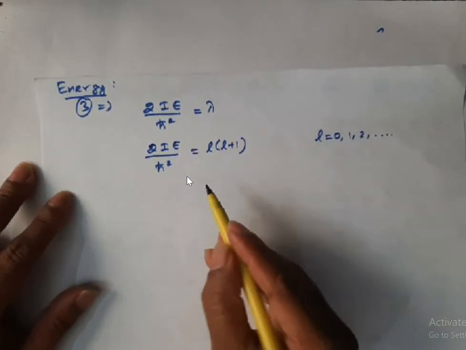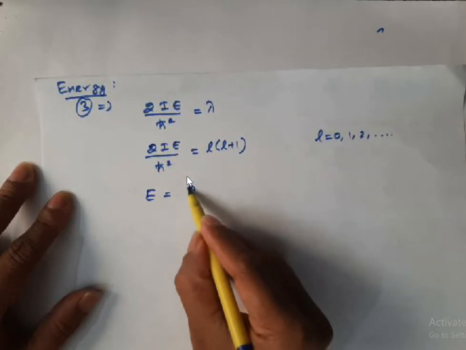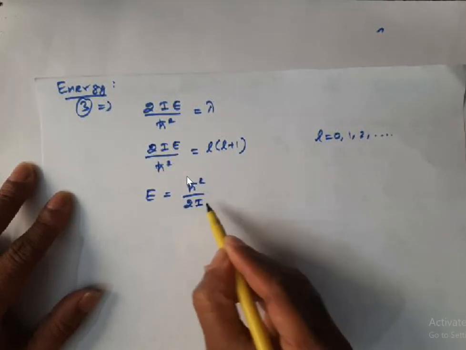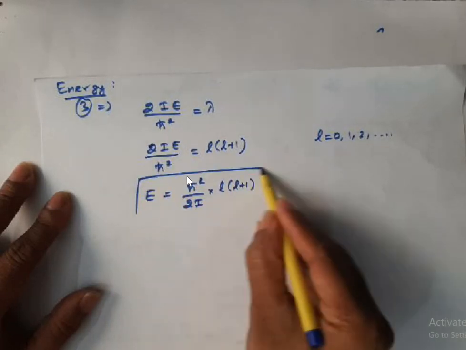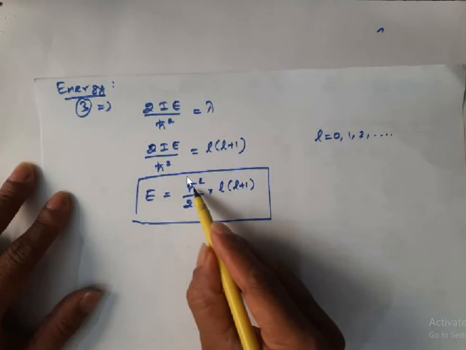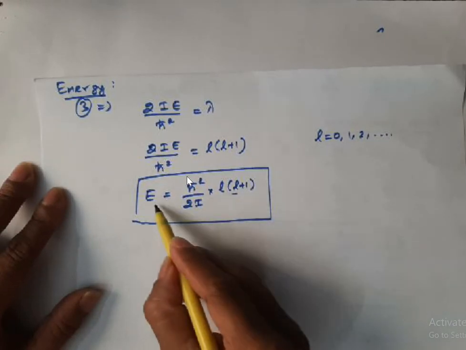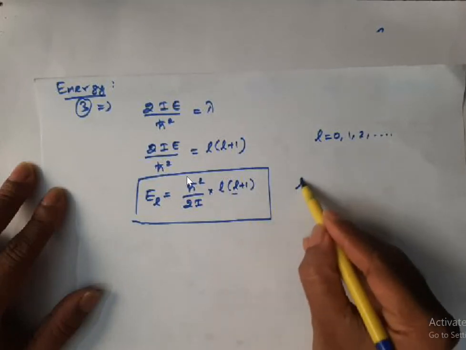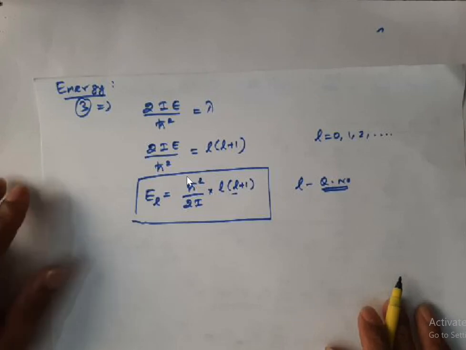So we can write this as 2Ie by h bar square equal to L into L plus 1. And remember, L can take the values 0, 1, 2, 3, 4, etc. Then E equals, I'll bring all these terms to the right hand side, h bar square by 2I into L into L plus 1. This is the expression for energy.